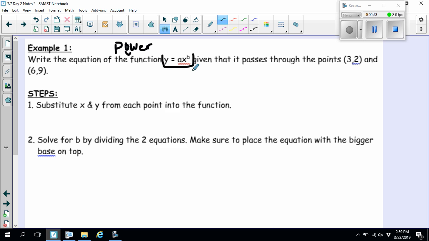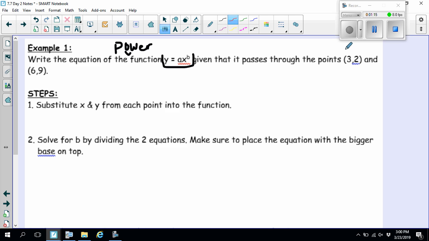Once again, they will give you the general form of it. We're trying to solve for a and b, given that it passes through the points (3, 2) and (6, 9). Now the steps are going to be exactly the same as when we wrote exponential equations. So the first step is to substitute x and y from each ordered pair into the function.